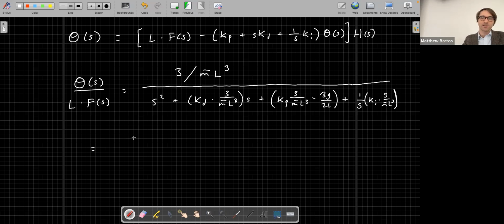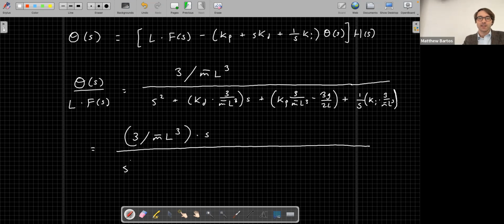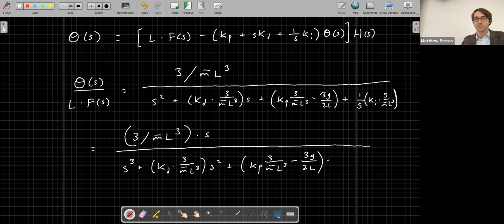That will give us 3 divided by m bar L cubed times s, divided by s cubed plus kd times 3 divided by m bar L cubed times s squared plus Kp times 3 over m bar L cubed minus 3g over 2L times s plus Ki times 3 divided by m bar L cubed.